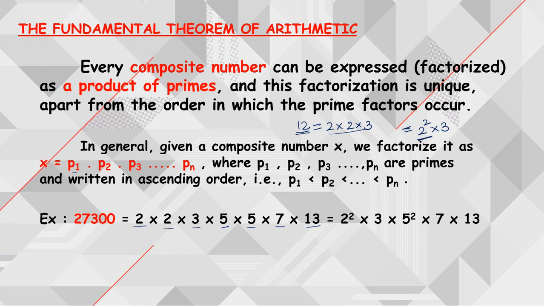From this I can say that 2 divides 27300, the same way 3 also divides 27300, 5 divides, 7 divides, and 13 also divides 27,300. So this 27,300 I can write as 2 square into 3 into 5 square into 7 into 13.